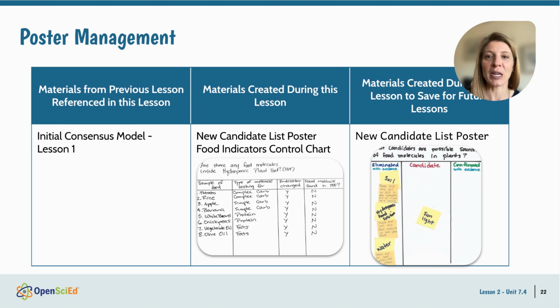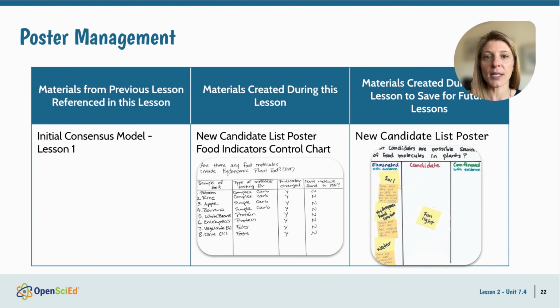There's lots of posters being created. In fact, there are 3 main posters that you're going to be interacting with. From Lesson 1, you'll need your initial consensus model. We explicitly reference this to look at where the kids originally suggest soil and water were inputs to justify why we are testing those as suspect first. You'll create a new poster called the candidate list poster.